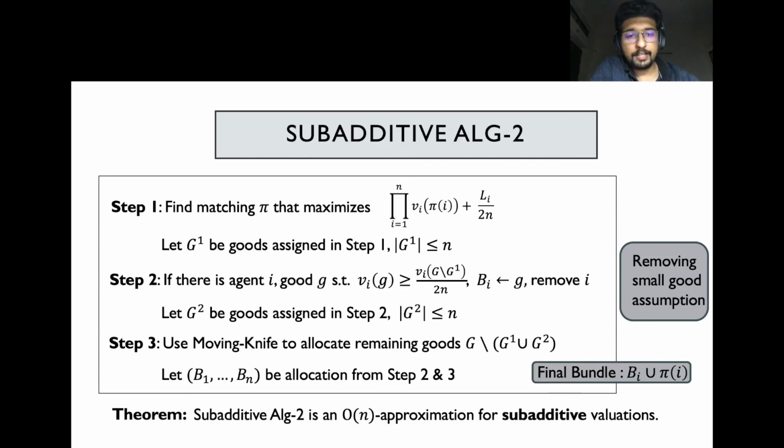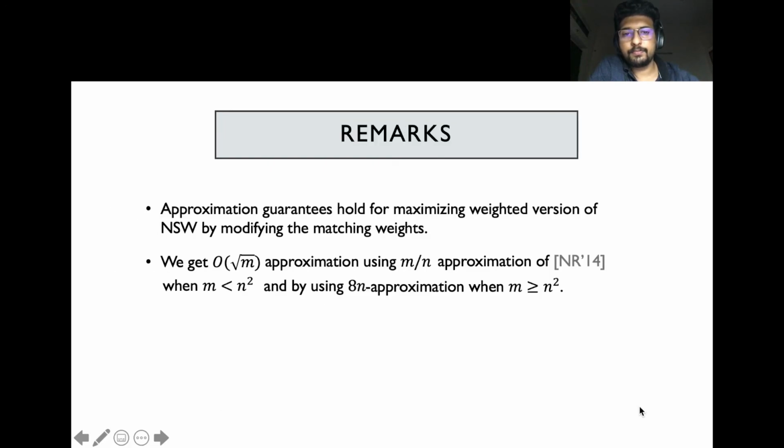This is our final algorithm, and the previous approximation guarantee extends to give us an order n approximation for maximizing the Nash social welfare under subadditive valuations. Note that the approximation guarantees we give also hold for maximizing the weighted version of the Nash social welfare problem. We also give a square root m approximation combining the results of root A with that of ours.